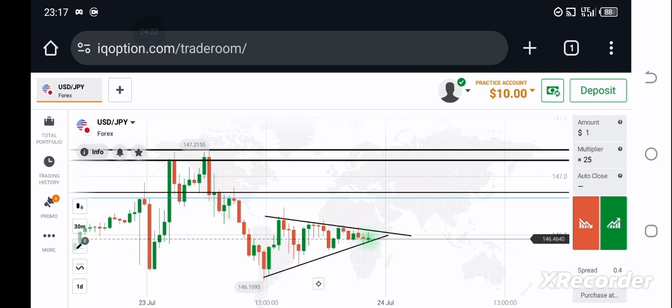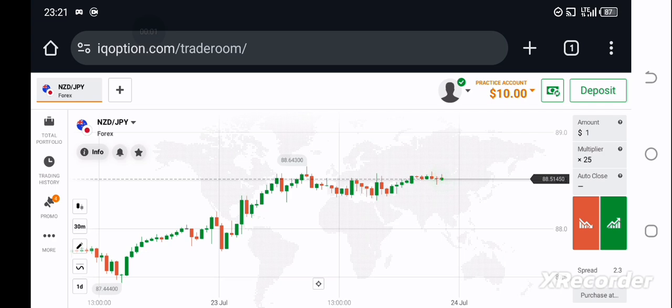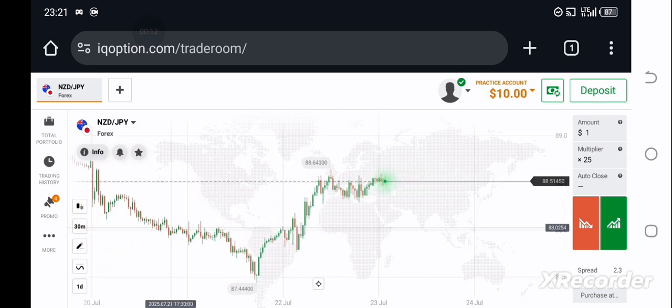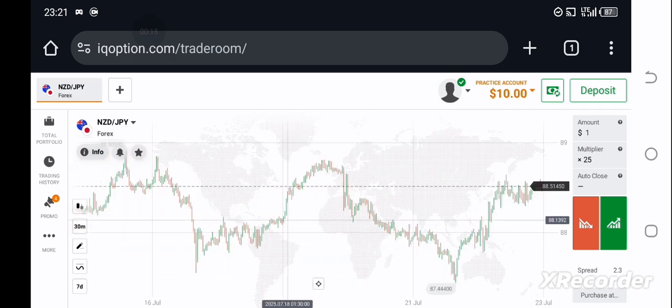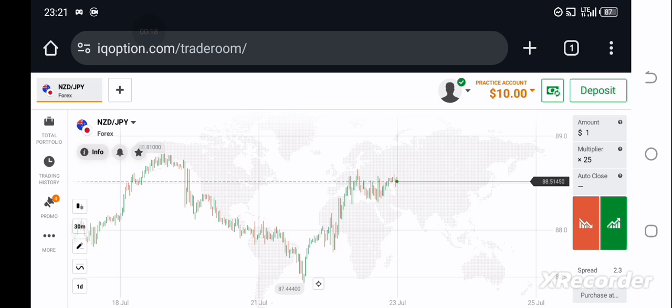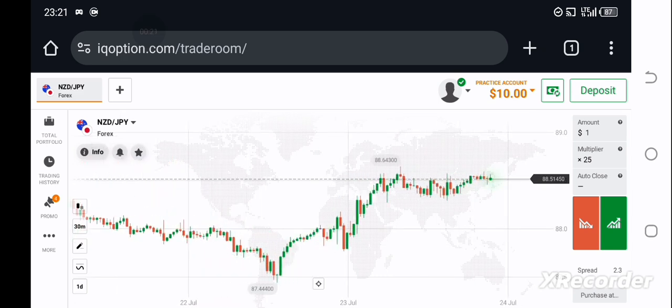that this. Okay, so I'm on the New Zealand dollars against the Japanese yen. Okay, so this, let me zoom out so you can see clearly the chart, the market. You can see the present market situation is uptrend.